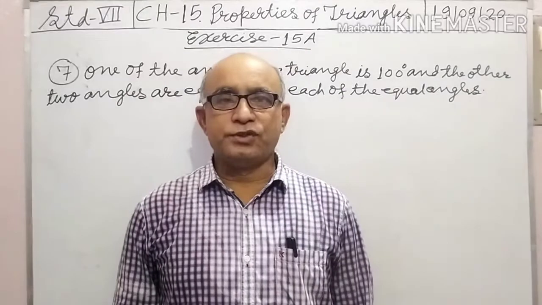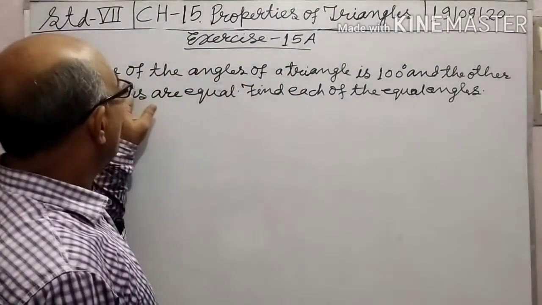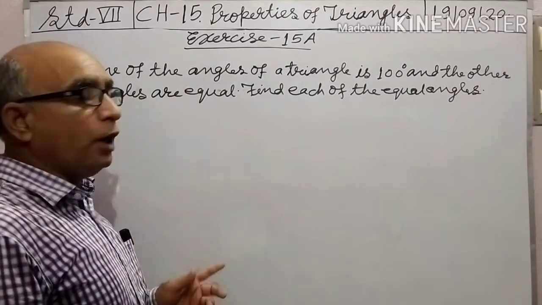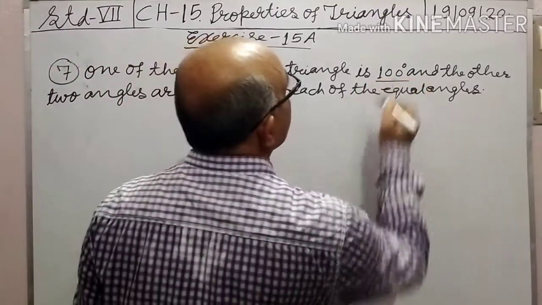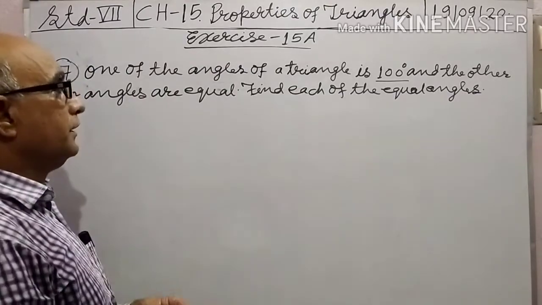Students, next question is question number 7. In this question, one of the angles of a triangle is 100 degrees and the other two angles are equal.